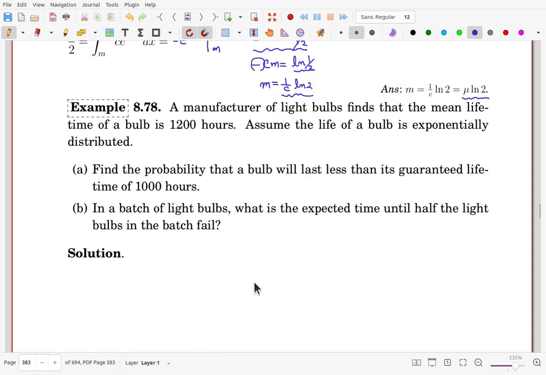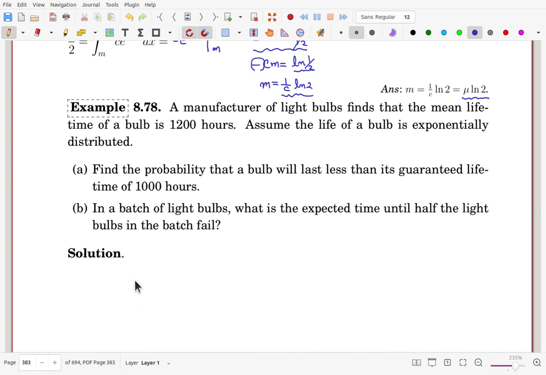A manufacturer of light bulbs finds that the mean lifetime of a bulb is 1200 hours. Assume the life of a bulb is exponentially distributed. Find the probability that a bulb will last less than the guaranteed lifetime of 1,000 hours.